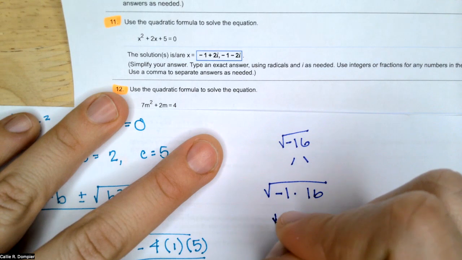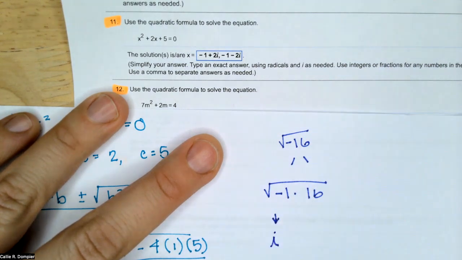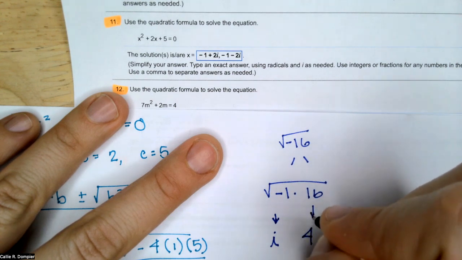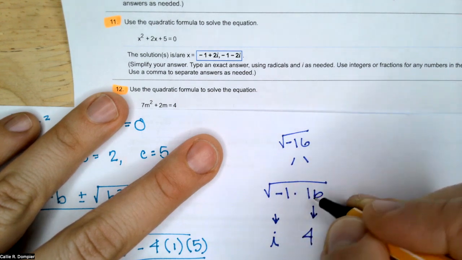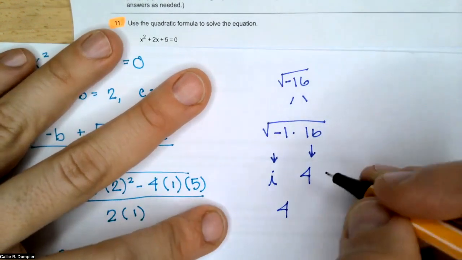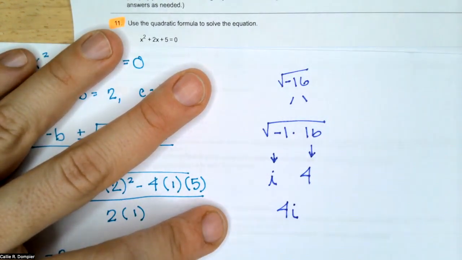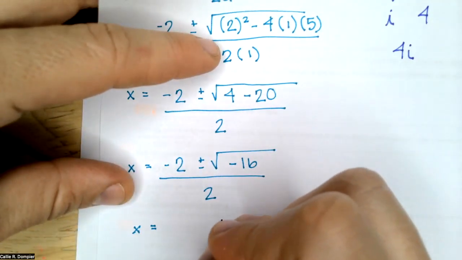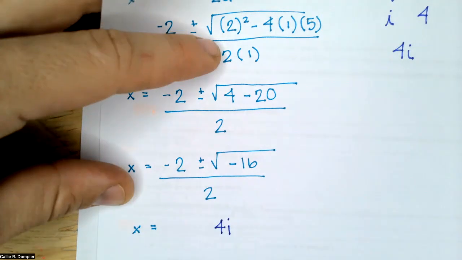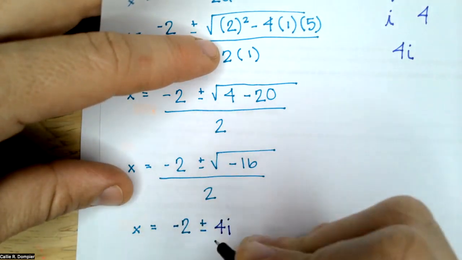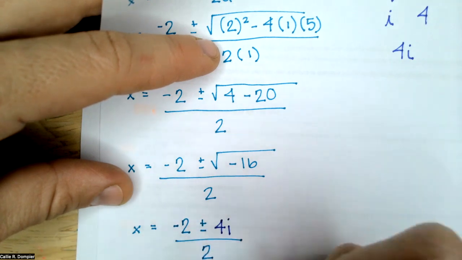The square root of negative 1 becomes I. The square root of 16 becomes 4, right? So negative 1 is the I, 16 is the 4. The square root of negative 16 is 4I. Okay? So that is now 4I, negative 2 plus or minus 4I over 2.